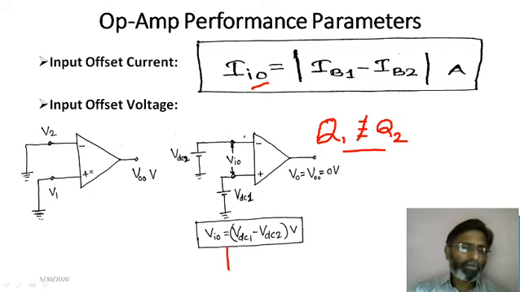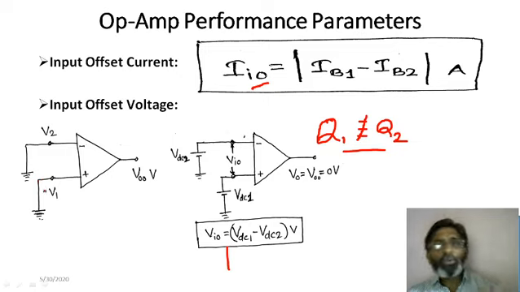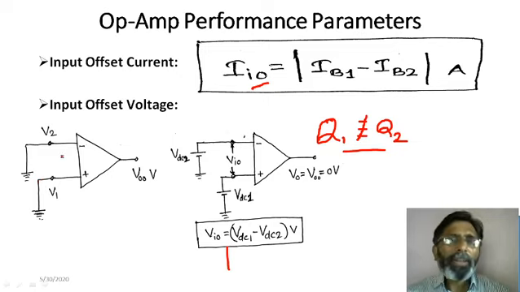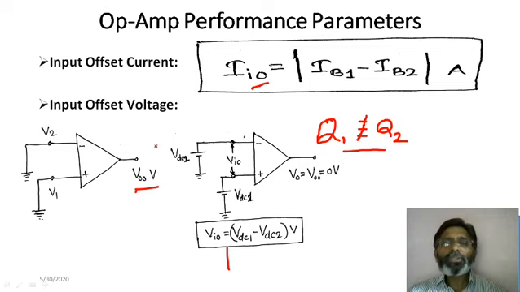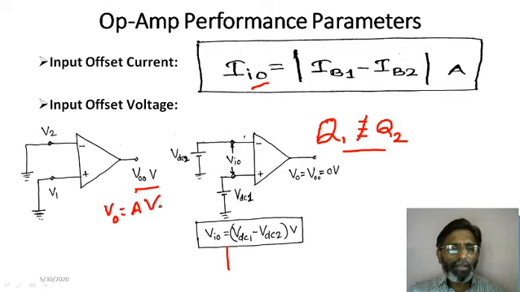Now what is input offset voltage? See, in case of op amp, suppose I connect the inverting input terminal as well as the non-inverting input terminal to the ground. Then my V2 is 0, V1 is 0. So in that case my output voltage should also be equal to 0, because we know that VO is equal to A into VID.